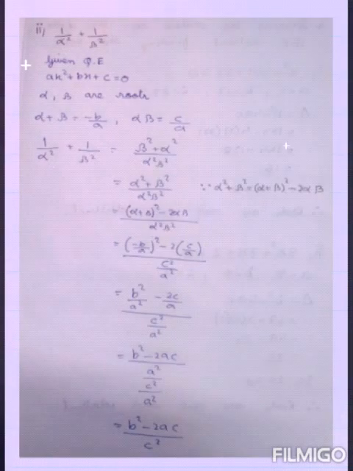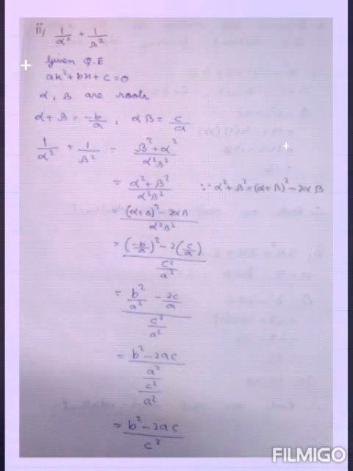So moving on to the next sum, 1 by alpha square plus 1 by beta square. Given the quadratic equation ax square plus bx plus c equal to 0, alpha and beta are roots. Alpha plus beta is equal to minus b by a, alpha beta is equal to c by a. So taking LCM, if you rearrange, we get (alpha square plus beta square) by alpha square beta square.